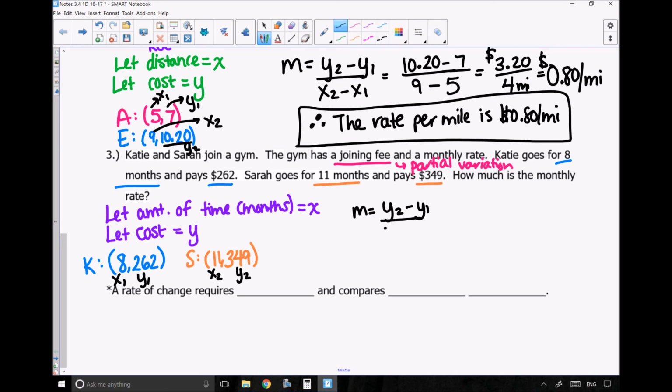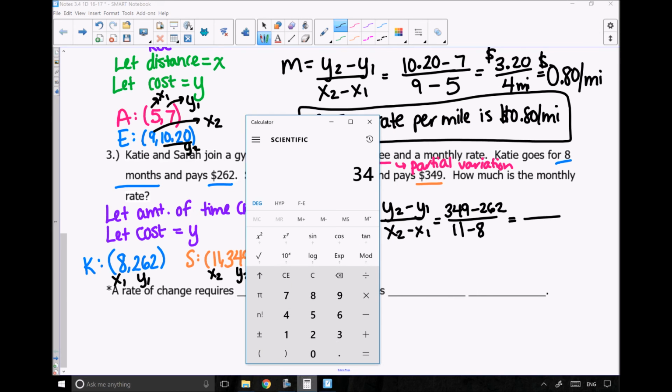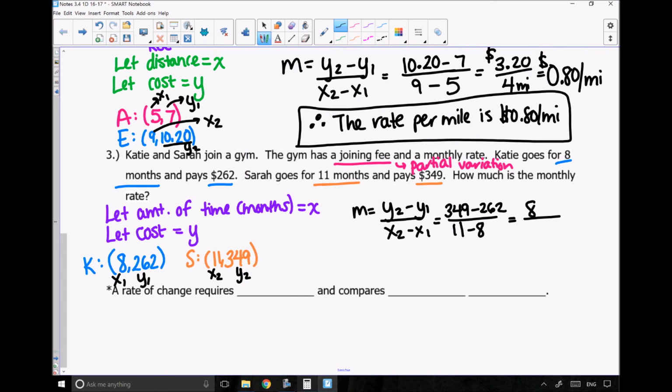y2 minus y1 over x2 minus x1. Well, when I plug that in, y2 is 349 minus y1 is 262, over x2 is 11 minus x1 is 8. Okay, so let's go ahead and do our subtraction. So here we have 349 minus 262, and that will give me 87. But 87 what? Well, this is $349, $262, so it's $87.